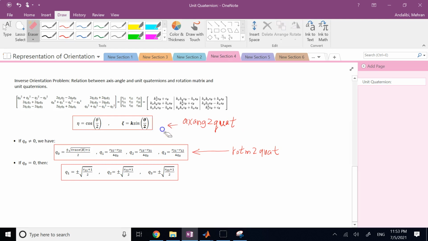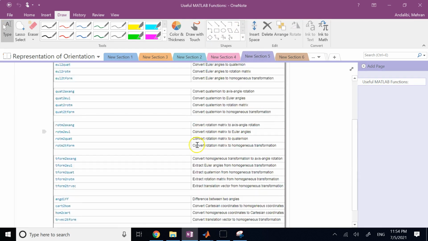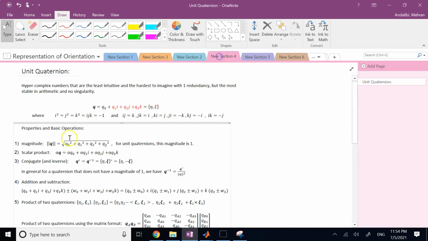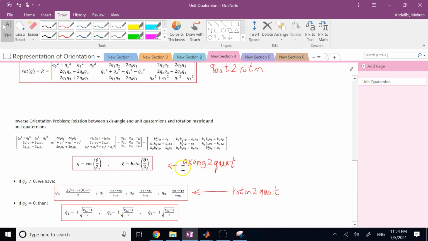But let's first show where these formulas come from. So if you have those built-in functions and you have the robotics toolbox to have those functions that I showed you here, you're good. If not, you can always write your own functions using these formulas. But in order to use a formula, you have to know how they came into existence, right?